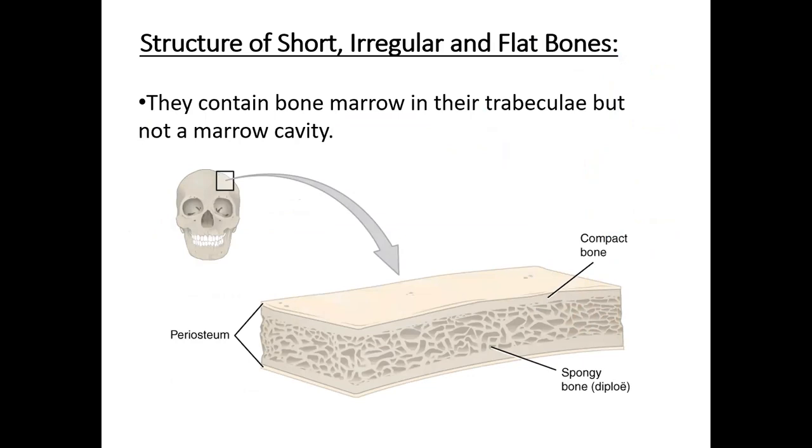Whenever you have an opportunity to look at a skull in lab and you remove the superior portion, you'll see where diploë is located. The diploë is this portion here. It's these spaces here. This is compact bone on the outside, but you also have a layer of compact bone on the internal surface of the skull. And in the middle, the spongy bone area, is where diploë is located.